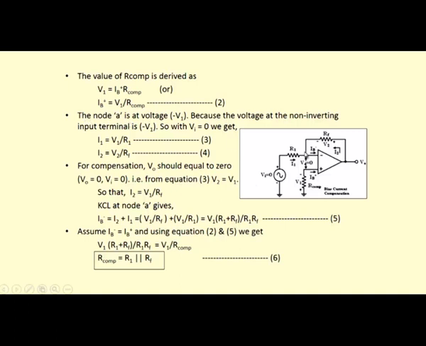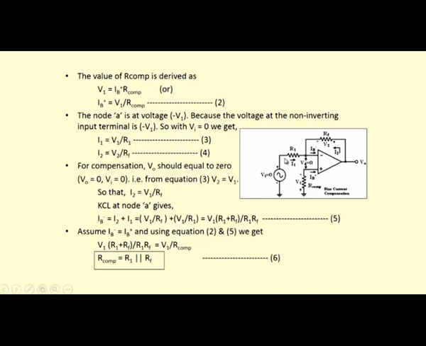If the voltage difference between these two points is equal to 0, then whatever voltage is present at this node will be the same voltage present at this node. So, these two nodes are virtually equal. Here the voltage is V1 and minus V1, so the voltage at this node is also minus V1.